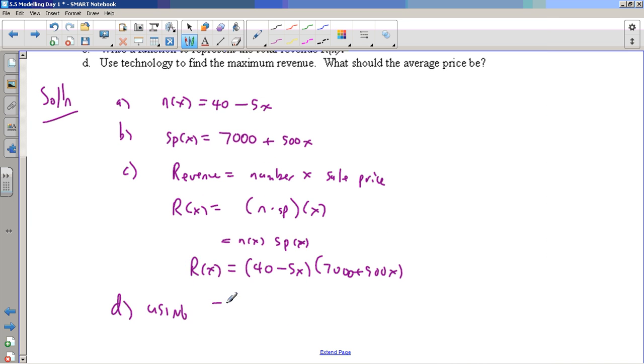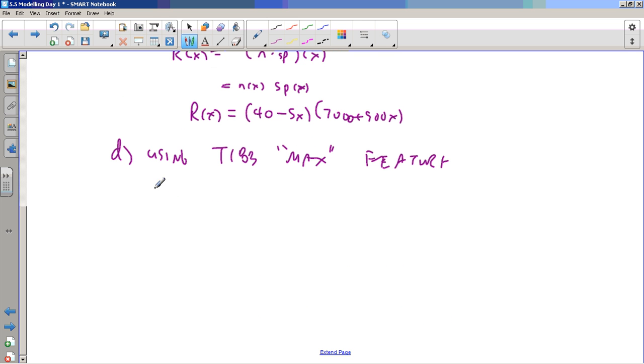So, using the TI-83 max feature, the maximum feature, the max is 302,500. But that's not answering the question.